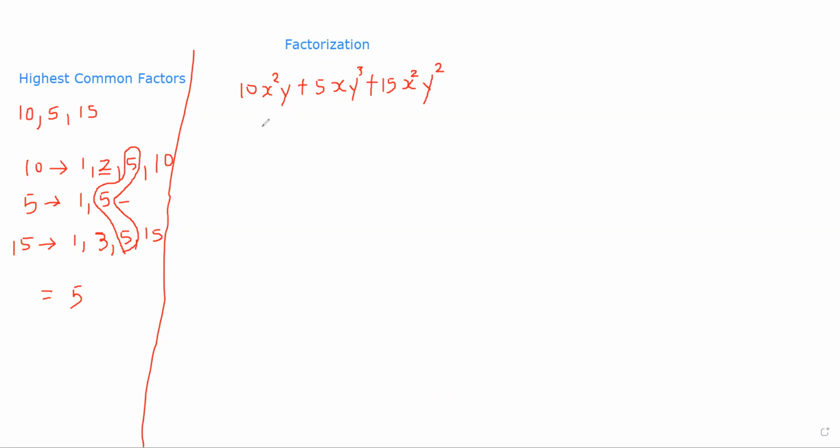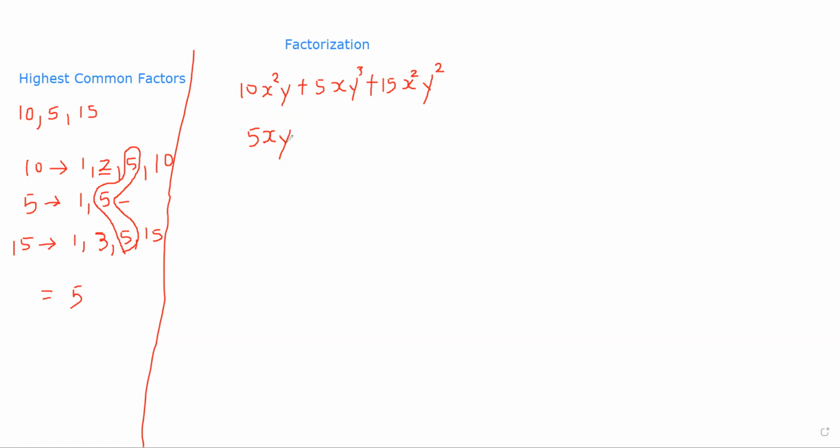So we find the highest common factor. It'll be 5. Good. You know the numbers give you 5. And then you look for the lowest power in the x. We have a square, we have a 1, and we have a square again. So it's the x with the lowest power. So it's going to be 5xy. Good, 5xy. Right?